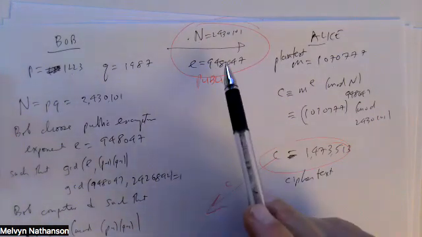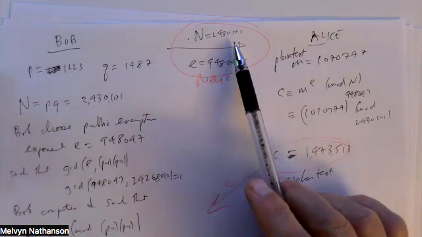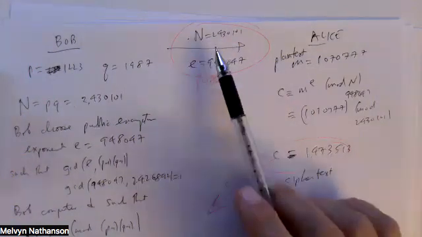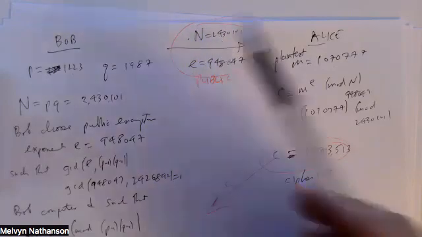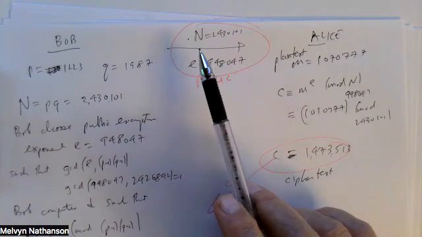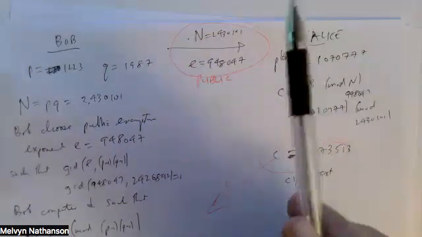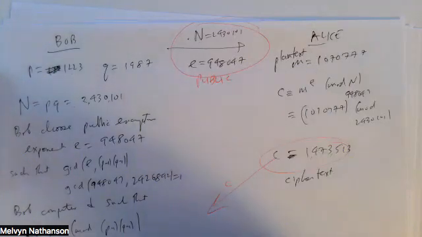It is a product of two primes, but how do you find them? You're given this number, and Bob is happy for you to know this is a product of two primes. What are they? It just seems to be the case, no one knows why, that factoring is difficult. Why is it difficult? I don't know. No one knows, but it seems to be difficult.